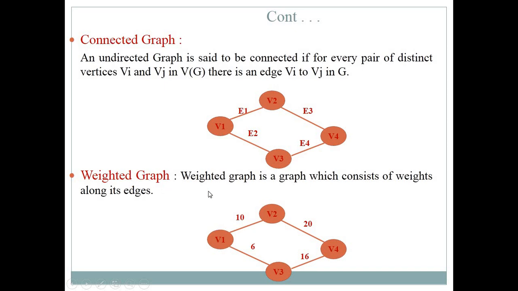Another one is weighted graph. A weighted graph is a graph which consists of weights along its edges. Instead of E1, E2, E3 and E4, we have edge V1 to V2 with weight 10, V1 to V3 with weight 6. So this is known as a weighted graph.